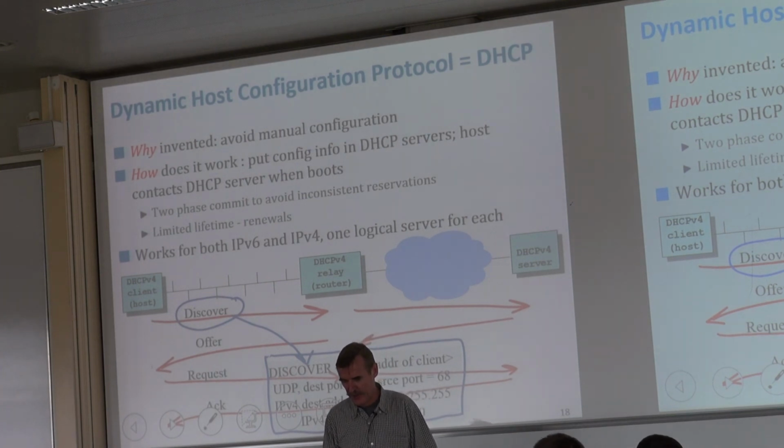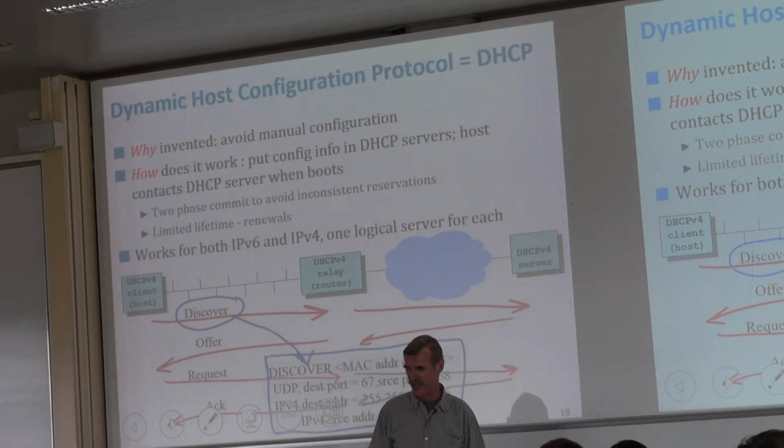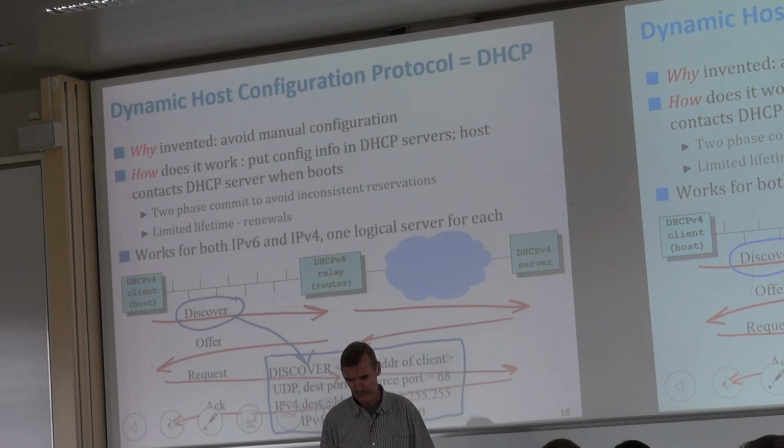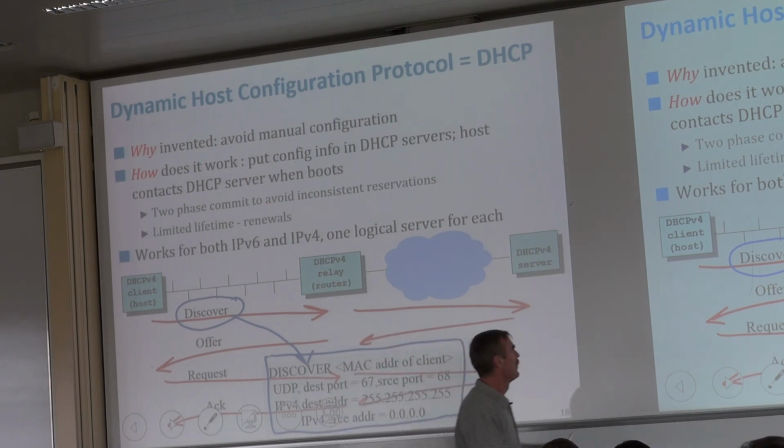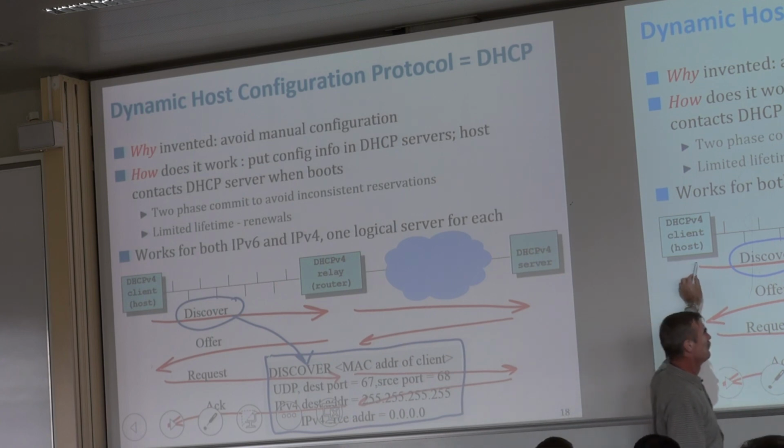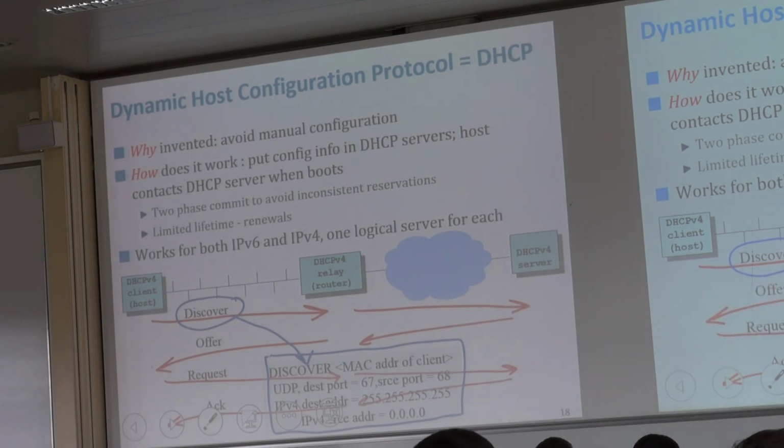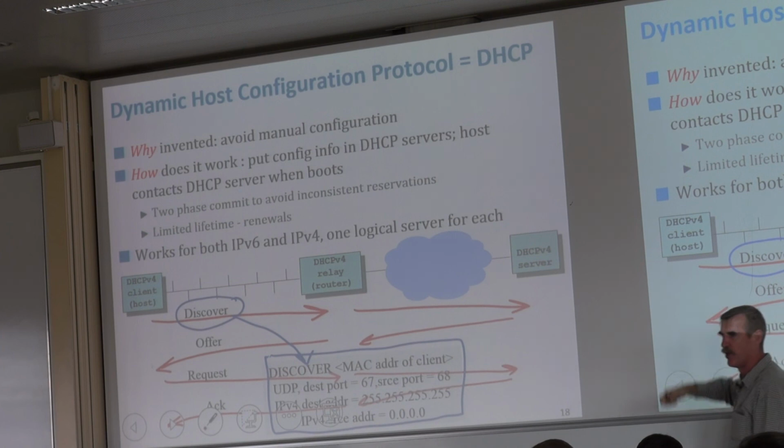So the way it works is a bit like ARP, is very simple. I have a PC that boots, and this is, for example, I'm doing it at EPFL. So this is the router to which the Ethernet segment is connected. At home, it might be my so-called ADSL modem, which has usually a router function.